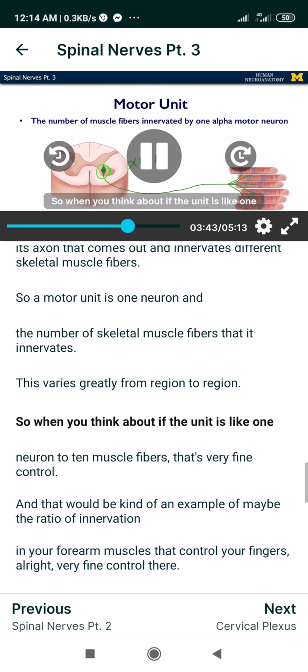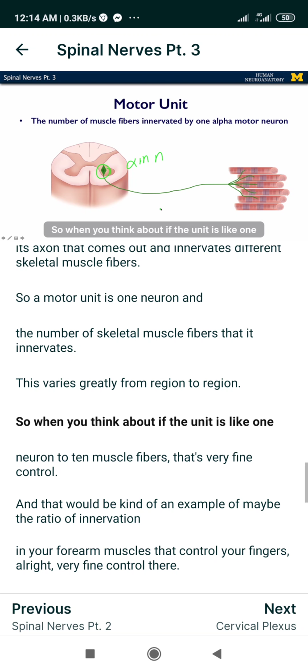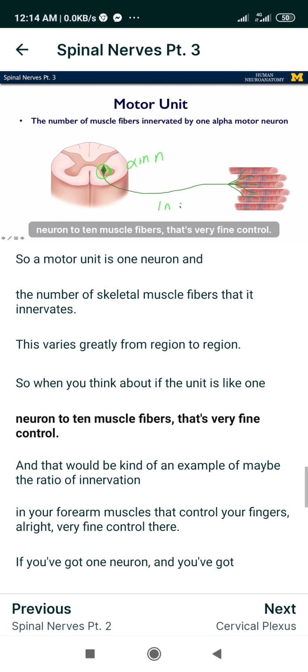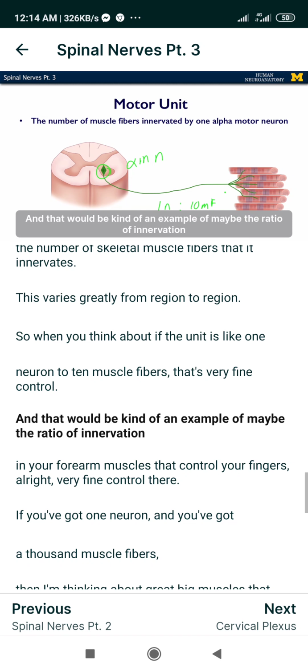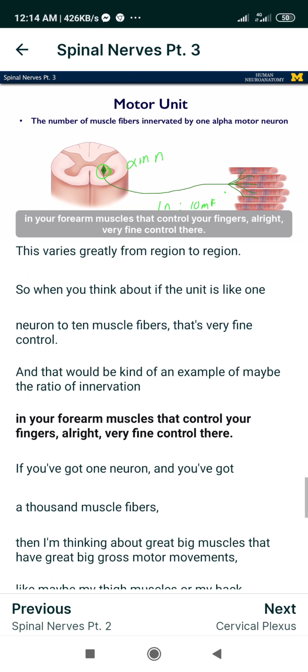So if the unit is like one neuron to 10 muscle fibers, that's very fine control. That would be an example of the ratio of innervation in your forearm muscles that control your fingers, right? Very fine control there.